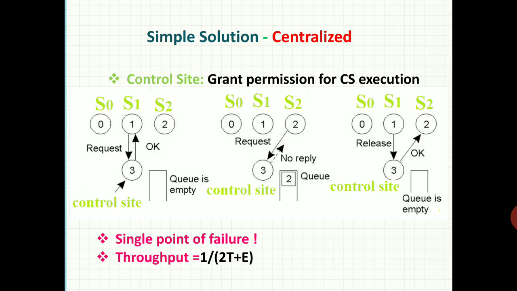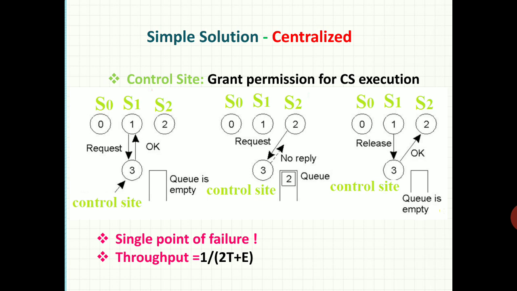Now the control site can give permission to the requesting site S2. So it will take the request from the queue and send permission to the corresponding site. This method achieves mutual exclusion in a distributed system and requires only 3 messages per critical section.